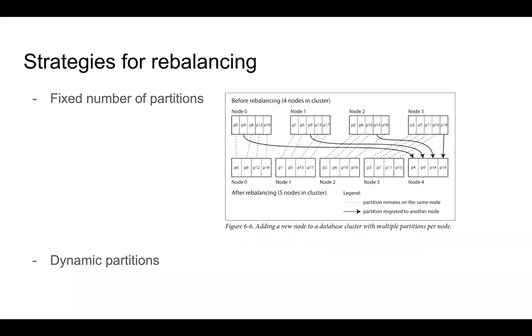Yes, consistent hashing is a different approach. Let me just recall. In consistent hashing, the ring has different partitions, like 0 to 10 will be handled by node 1, and 10 to 20 will be handled by the second node.